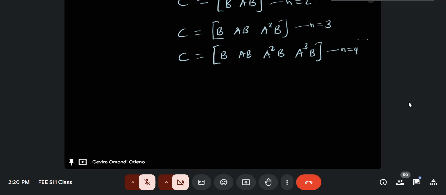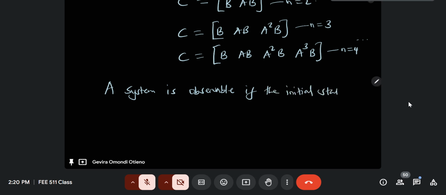Now, how about observability? So a system is observable if the initial state, let's say the initial state of the system is x at time t equals 0, can be determined.